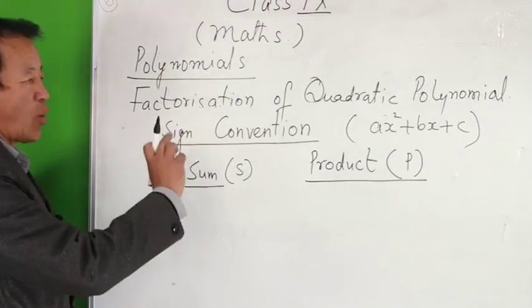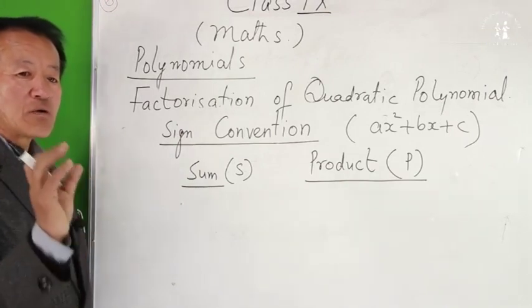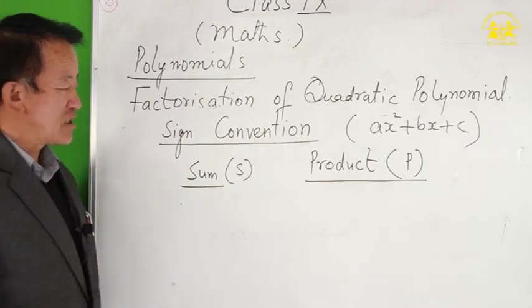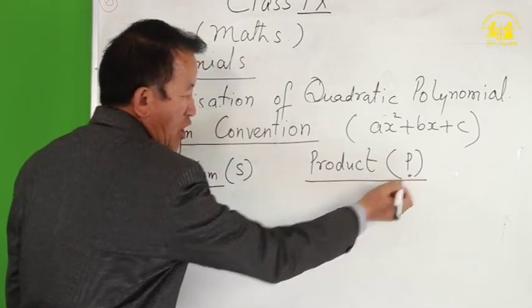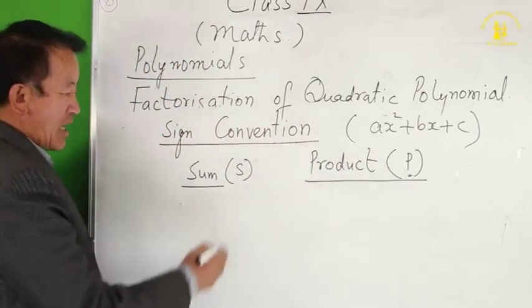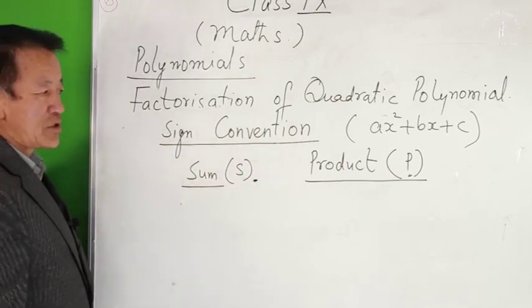So while splitting the middle term, we should be very careful regarding the sign of the two numbers. For that, we have to look at the sign of the product of the two numbers and the sign of the sum of these two numbers.